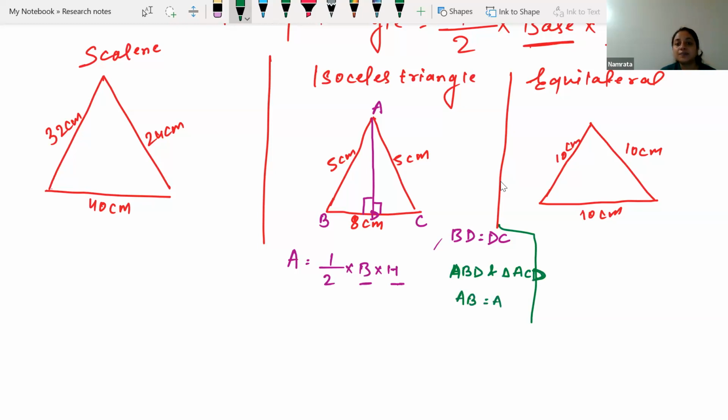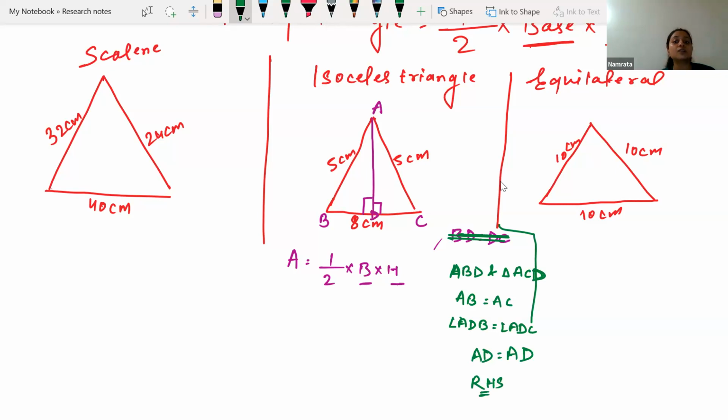AB is the same as AC. 90° over here, 90° over there, so that is also the same: angle ADB is equal to angle ADC, 90°, 90°, because we have dropped the perpendicular. We don't know yet whether the side is cut into equal parts. We are trying to prove both triangles congruent. Now the side AD is common in both triangles. And if you look carefully, you will find that by RHS congruency, both the triangles are congruent with each other.